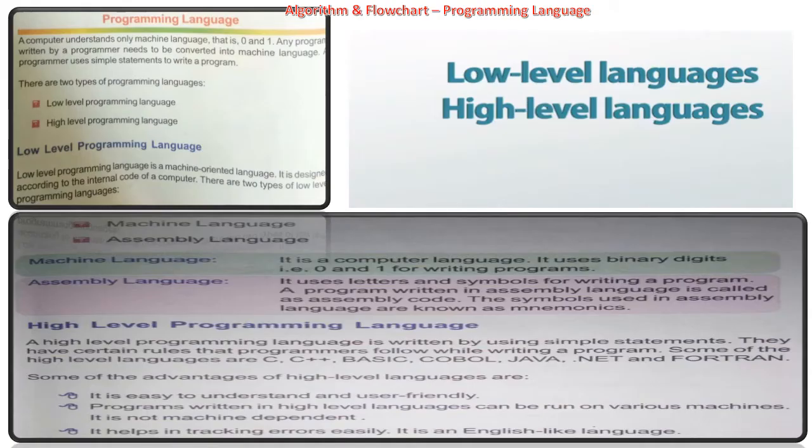Programming language. A computer understands only machine language, that is 0 and 1. Any program written by a programmer needs to be converted into machine language. A programmer uses simple statements to write a program.